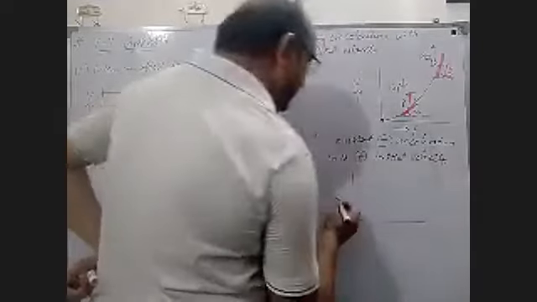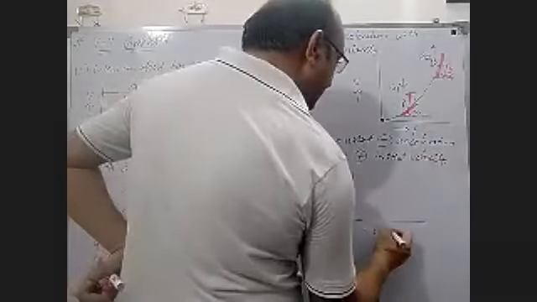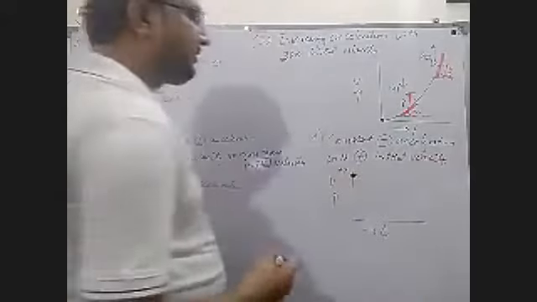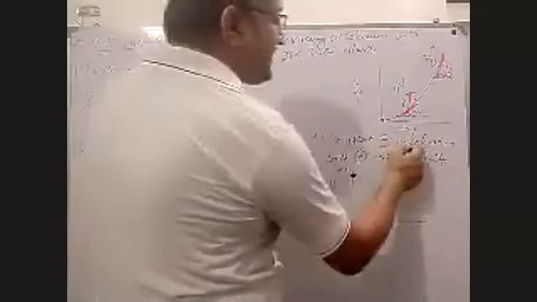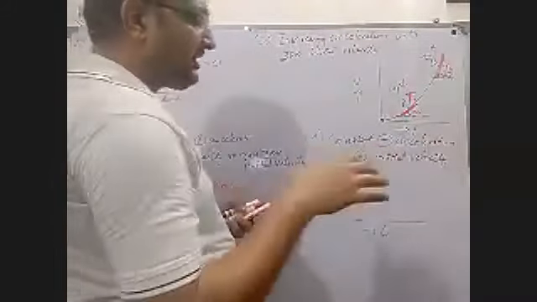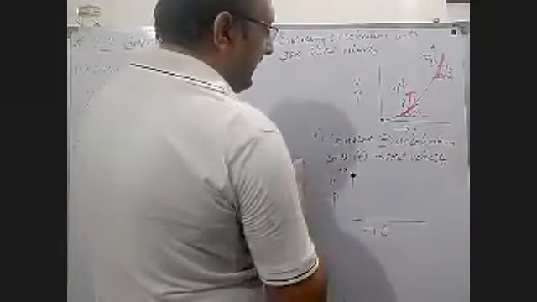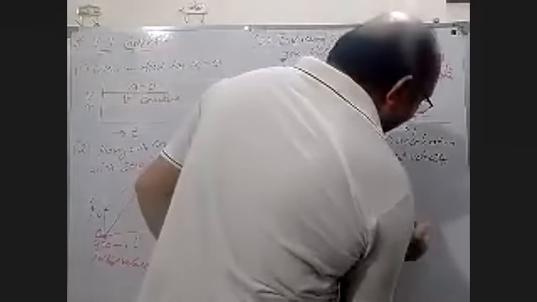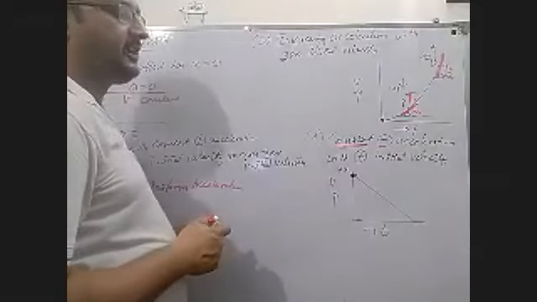In this case, the VT graph is this. Now this is positive initial velocity. U is plus here. Okay. And negative acceleration means velocity is decreasing, and constant means in equal amounts. So a straight inclined line, but in this way, in the downward direction, you have to take.